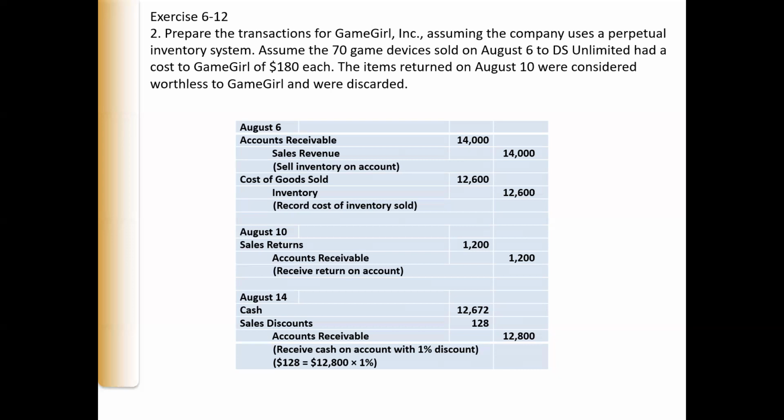Okay. Next, when the products were returned, we debit our sales returns and we credit our accounts receivable.